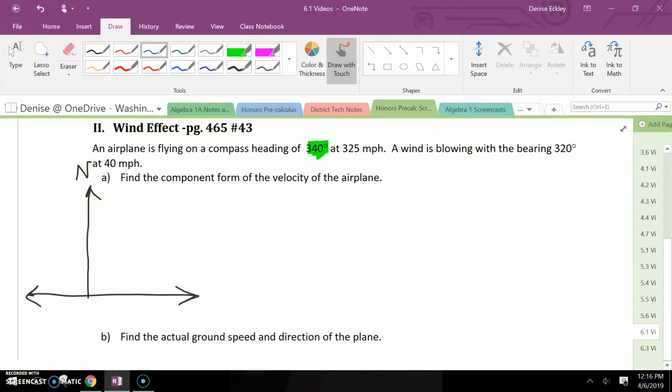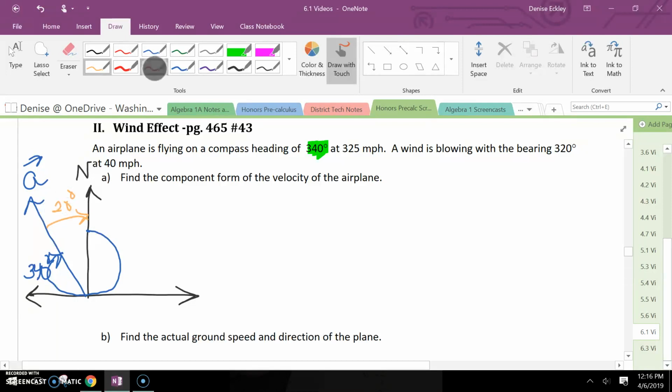So remembering that heading works from due north, we're going to come around to 340 degrees, so like right there. So that's going to be the 340 degrees where the airplane is, which means this angle here is 20 degrees.